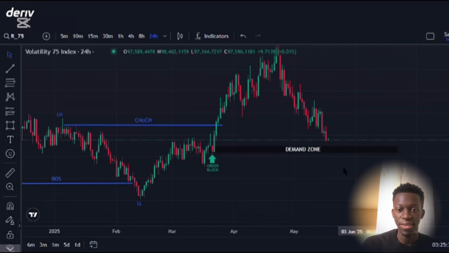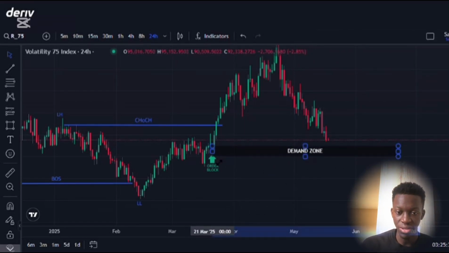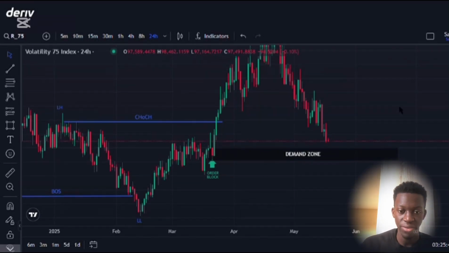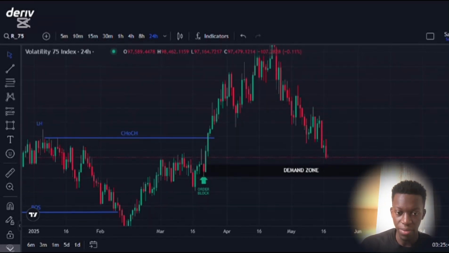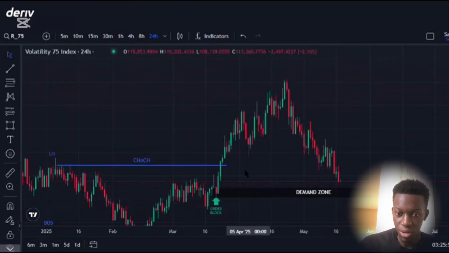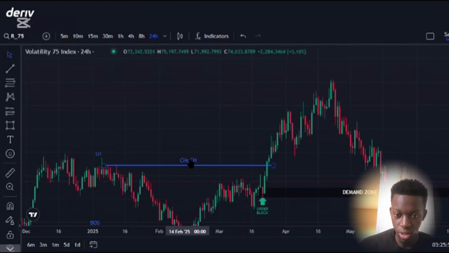Once the market approaches this demand zone, the point at which this order block has been formed, we'll be looking to enter the market into a buy, because the previous lower high has been broken, and now we have a new higher high, and so we're in a bullish trend.